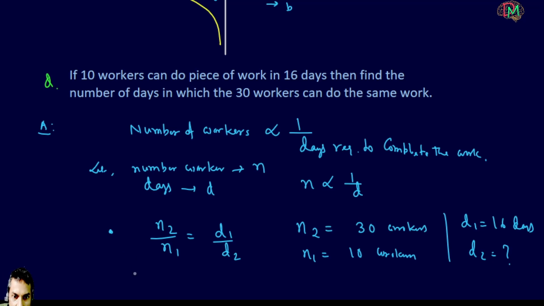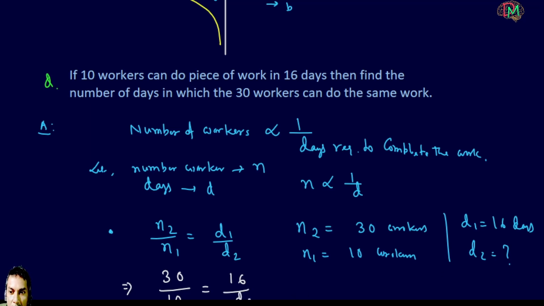Now we put the values. n2 is 30 workers for the second case, in which 30 workers can do the same work. So 30 workers divided by n1, which is 10 workers, is equal to, it will be just reversed. For the 10 workers, how many days are required? 16. So it will be on the numerator side. So d1 is 16 here, and d2 we don't know.